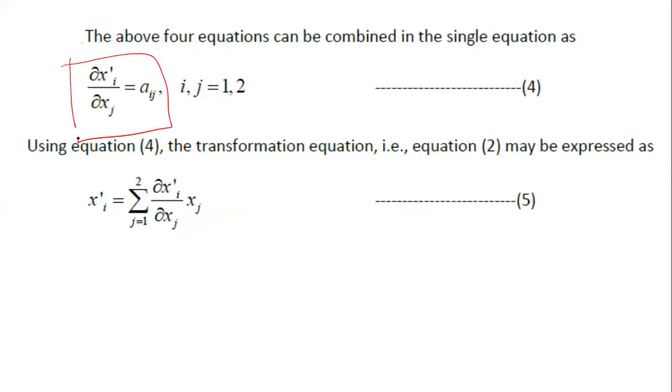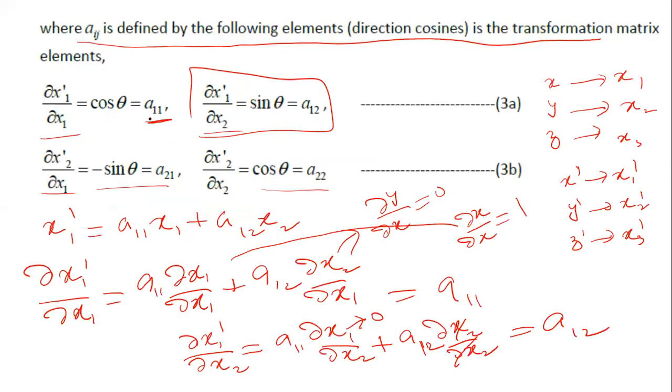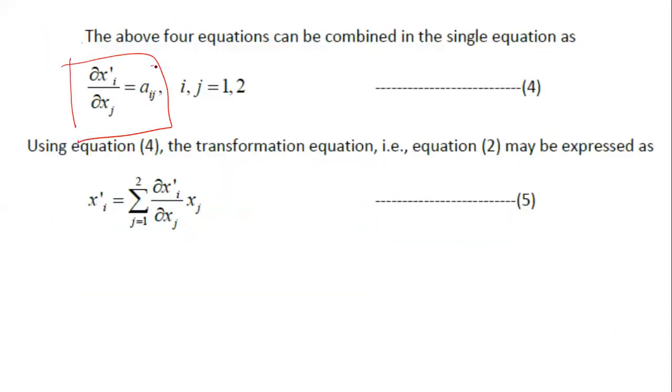Aij, we can simply write as, if you look at this, a11 is del x1 prime upon del x1, a12 is del x1 prime upon del x2, a21 is del x2 prime upon del x1, a22 is del x2 prime upon del x2. So you can write the above set of relations.